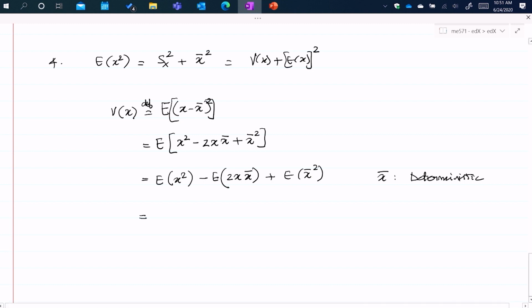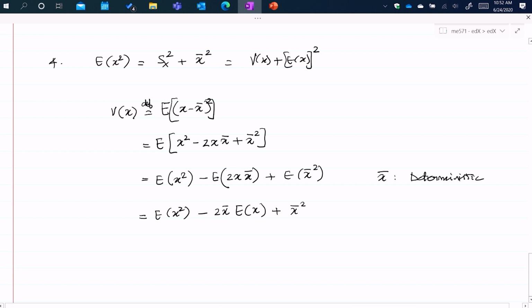And therefore, I can write this as expected value of x squared minus, now I can take the constant out because I know expected value of a constant times a quantity is the constant times the expected value of that quantity. Now I can take x bar as a constant value because it's already been determined. There's no uncertainty to that. Plus expected value of x bar squared, and expected value of a constant is a constant.